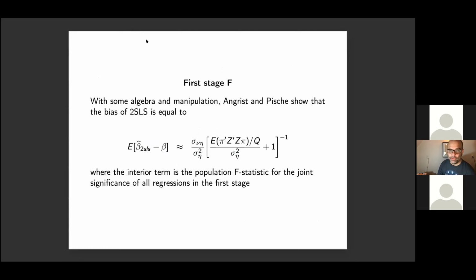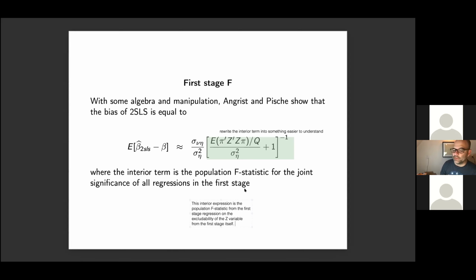And so what I want to do now is rewrite the interior term into something easier to understand. And it turns out that this interior expression is the population F statistic from the first stage regression on the excludability of the Z variable from the first stage itself.